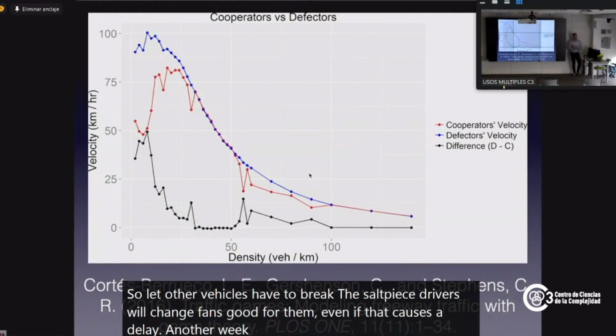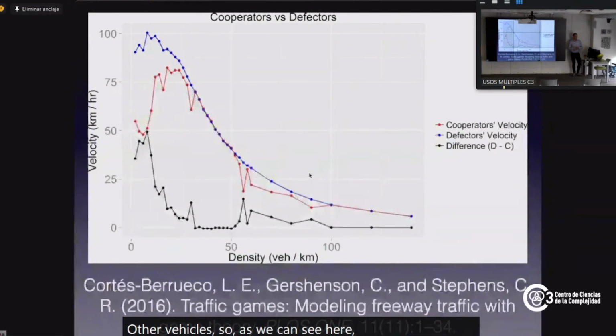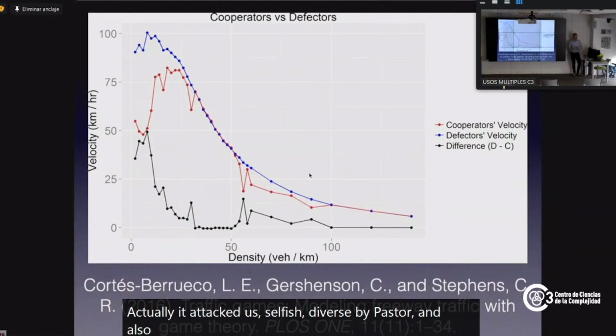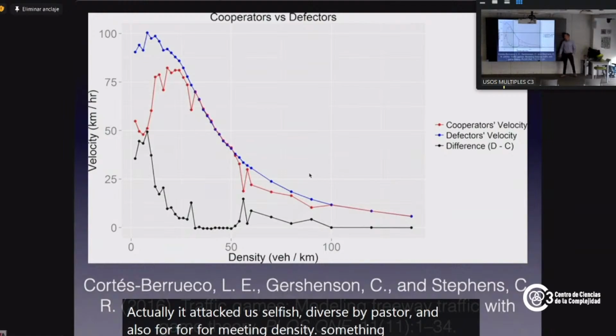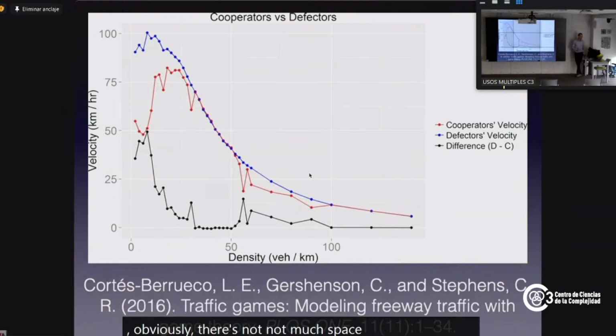So as we can see here, for low densities, actually the defectors or the selfish drivers drive faster, and also for higher densities, but for medium densities and for very high densities, it's the same. Basically, there's not much space to change lane.